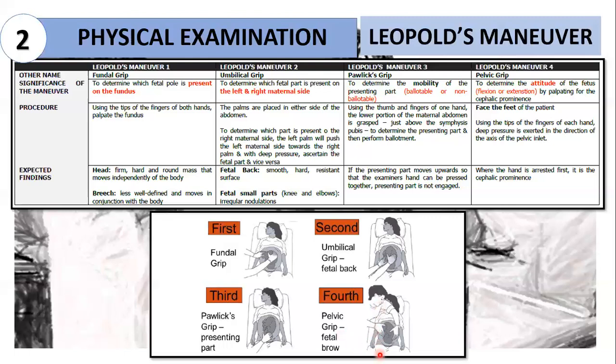Okay, so remember this Leopold's maneuver. First is the fundal grip, second, the umbilical grip, third, the Pawlick's grip, and lastly, the pelvic grip. So in your OSCE, it is important to know the significance of each maneuver and the procedure of how it is done, and the expected findings should also be reported properly.